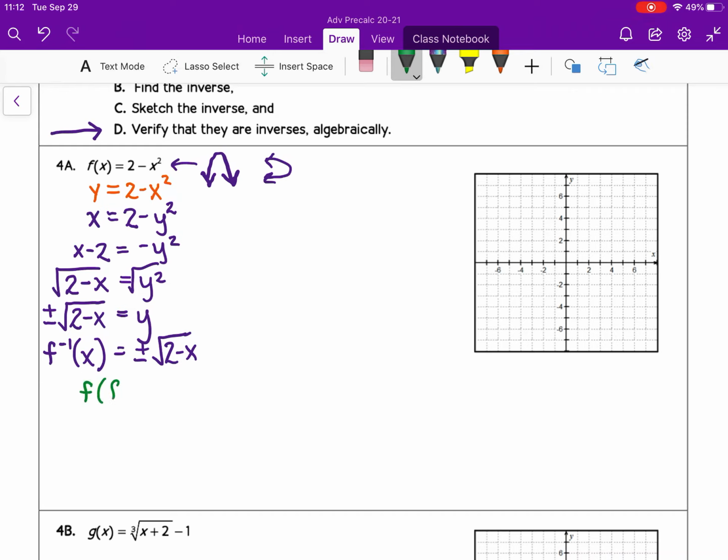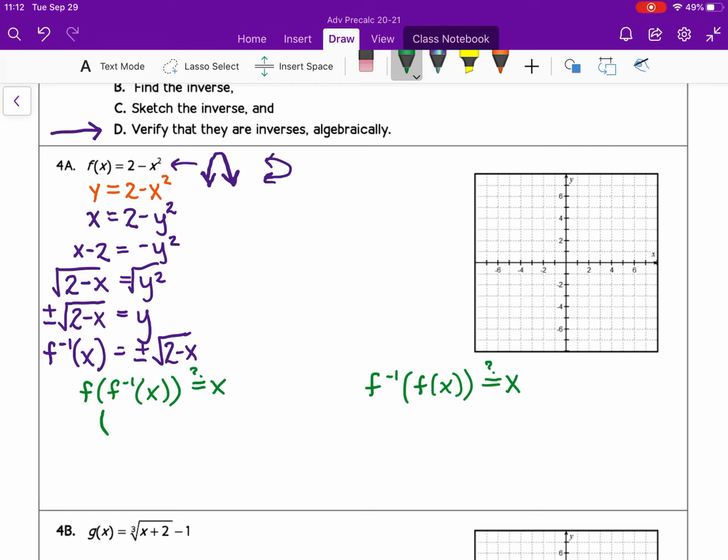In the proof world, they typically want you to do the composition. So what is the composition of those functions? And if the composition of those functions, both ways, so function composed with the inverse and the inverse composed with the function, if they both equal x, so do they equal x? And if they do, then they are inverses.